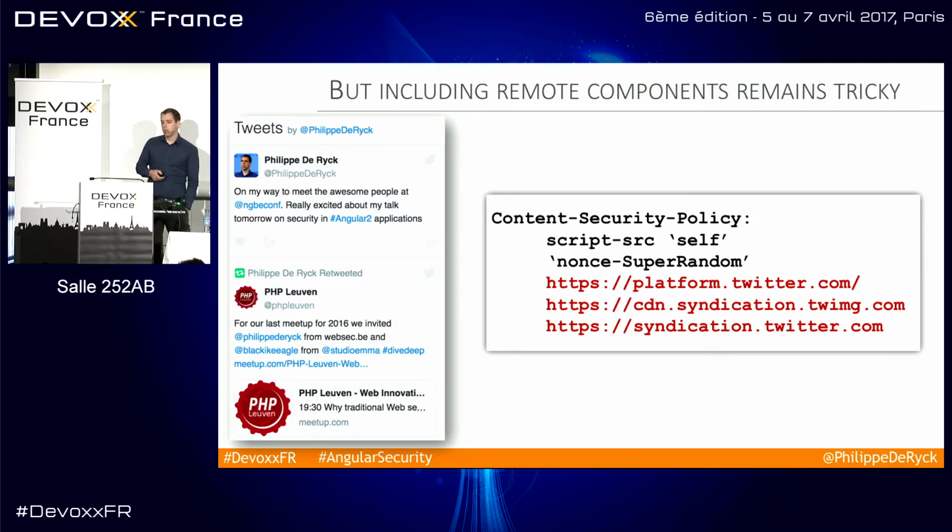So if you want to enable a Twitter timeline with CSP, you would first embed the initial Twitter code, then you get errors and you have to add platform.twitter.com and cdn.syndication.ymg.com and all of these hosts. And whenever the Twitter widget changes a bit, you may have to add additional hosts or modify this a bit, and that's kind of a nightmare to deal with.